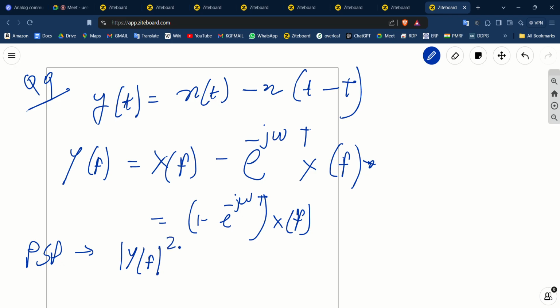So that will be mod 1 minus e to the power minus j omega T, whole square, Sxx(f).